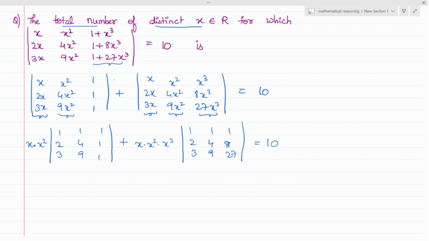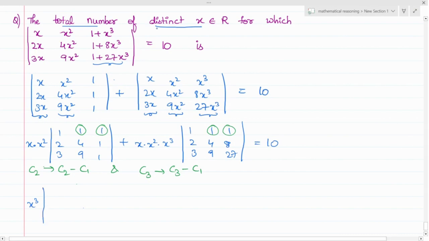Now apply the column transformation so that these values become 0. How to do this? Change column 2 to column 2 minus column 1 and column 3 to column 3 minus column 1. When you do this, here it becomes x cube, and column 1 remains as it is.